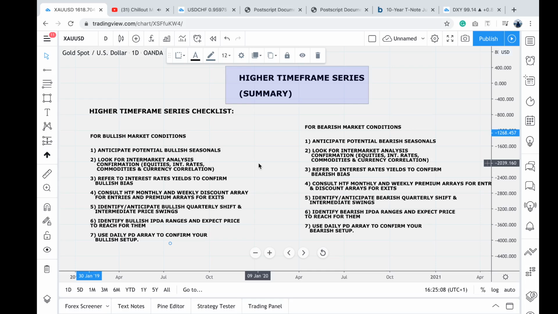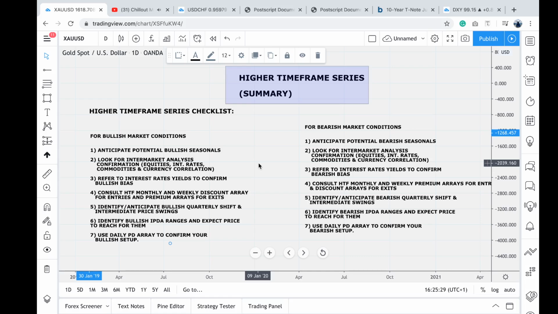What pairs or other asset classes are correlated with the pair you're trying to trade? This is a question you've got to ask yourself, and it gives you a broad overview of market direction or institutional order flow in the marketplace.